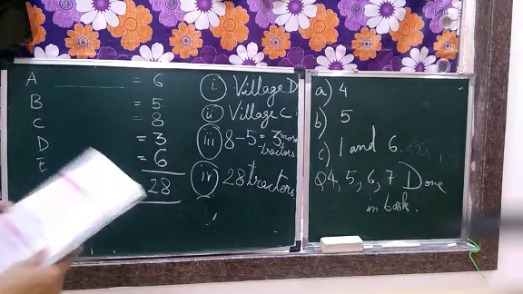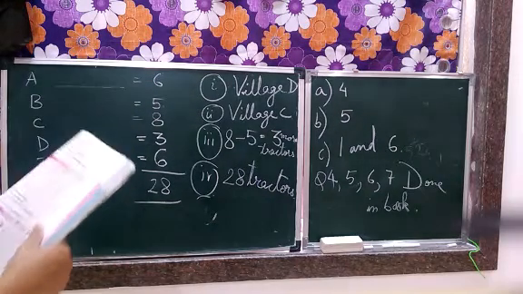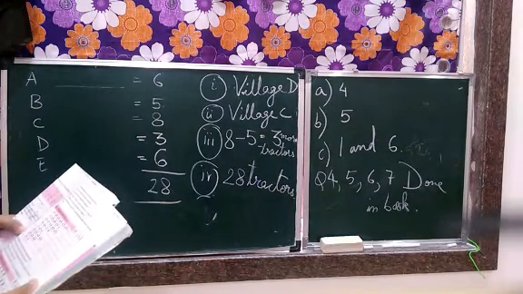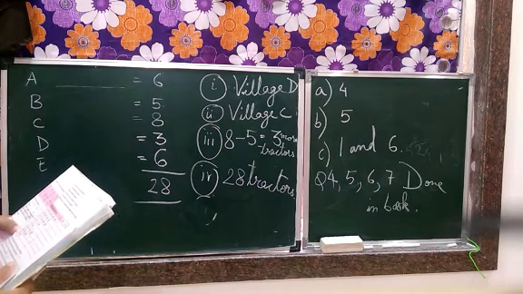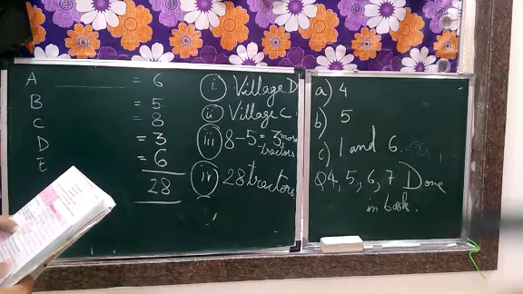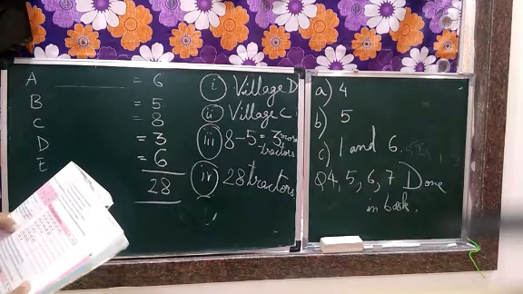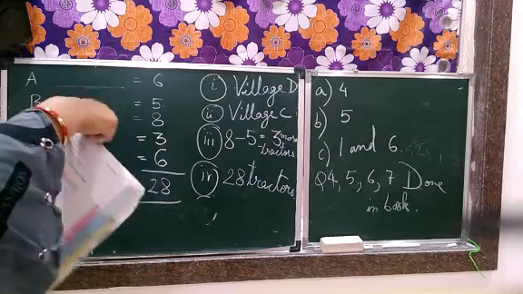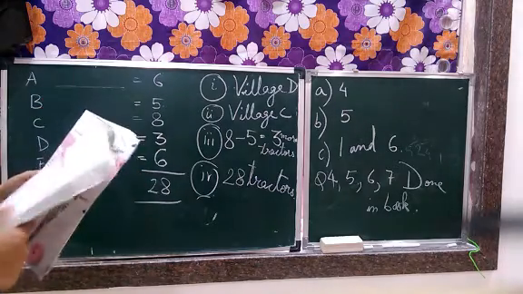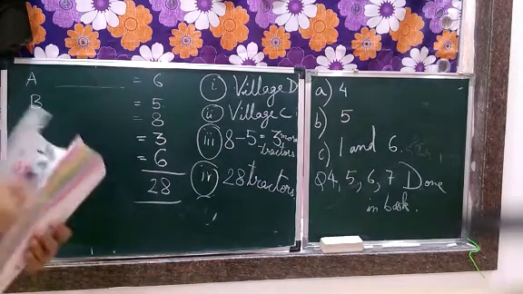Now we are going to start question number 5. Question number 5: the number of girl students in each class of a co-educational middle school is depicted by the pictograph. So the classes are given, children, 1 to 8, and the diagrams are given and the scale is given.